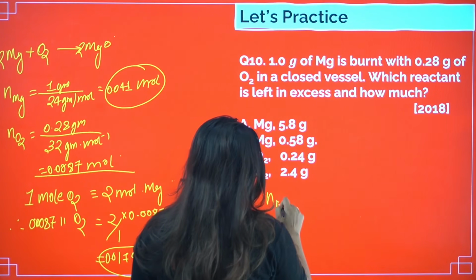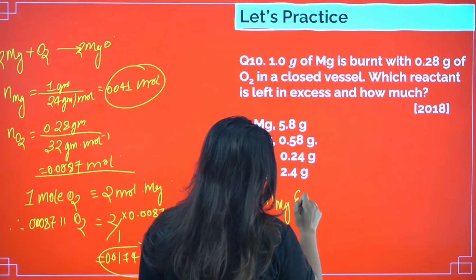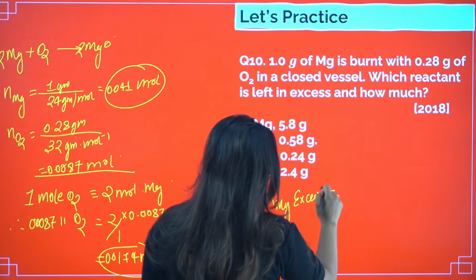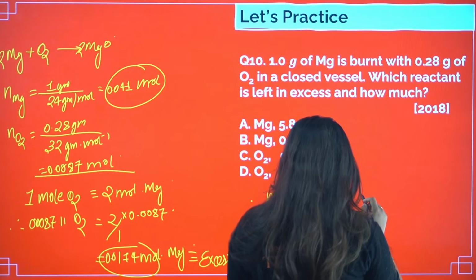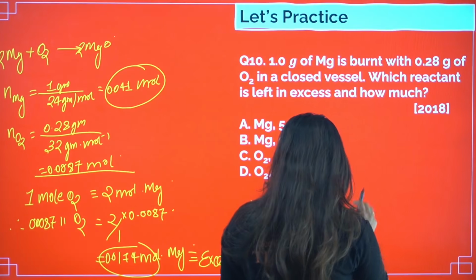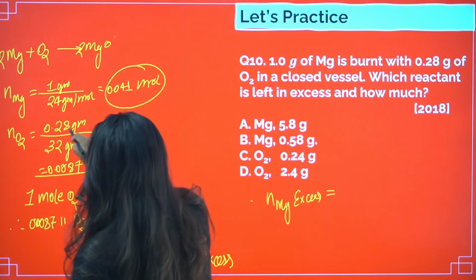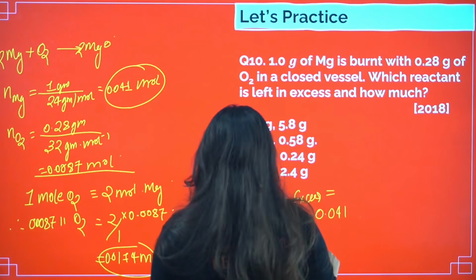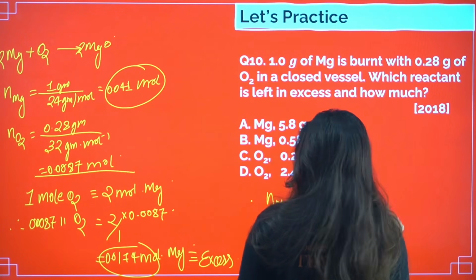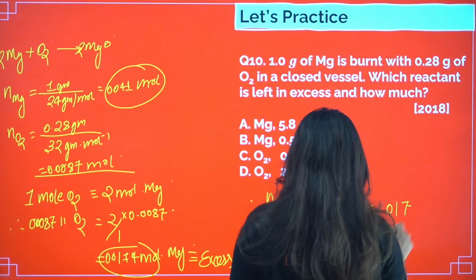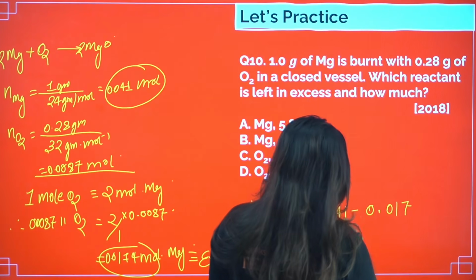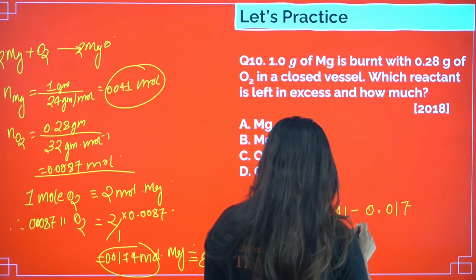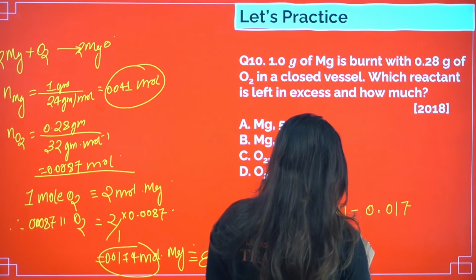So the number of moles of magnesium in excess equals 0.04 minus 0.017. If I simplify it, 0.04 minus 0.01 gives you something like 0.02.